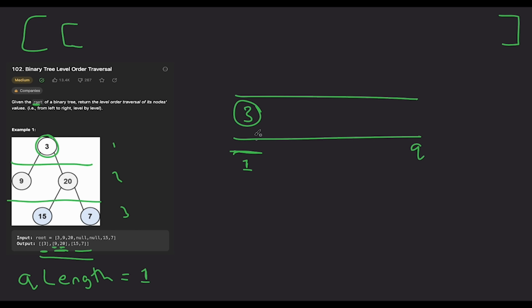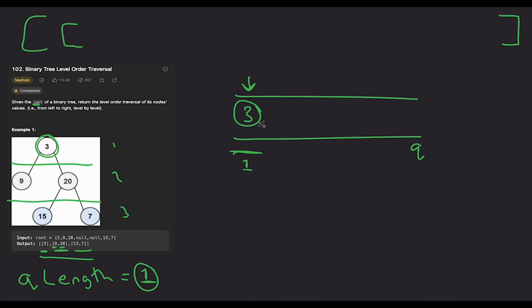Okay, so now what do we want to do? We opened up our while loop, we added this new array, we took our snapshot of the length. Now what do we want to do? Well, for each node in our current level, this snapshot representing the amount of nodes at our current level, we want to run some logic on each node, right?